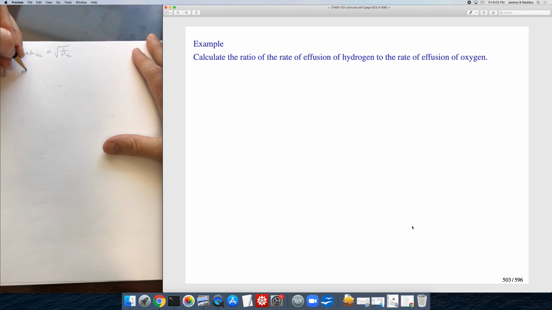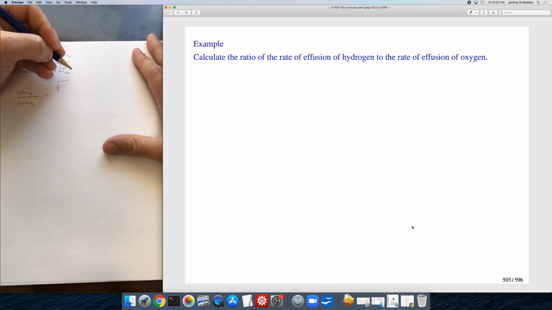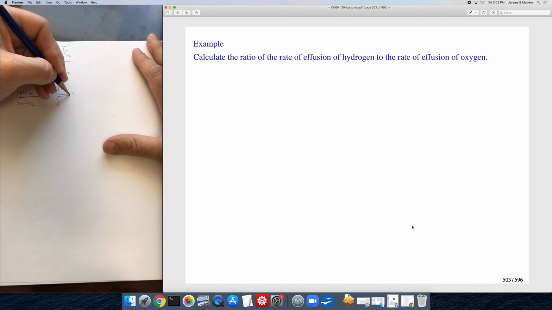And you have the same thing for the oxygen gas. Now they're asking us to take the ratio of these two rates. So we would take rate H2 divided by rate O2, and then that's going to be the square root of 1 over the molar mass of hydrogen divided by the square root of 1 over the molar mass of O2.